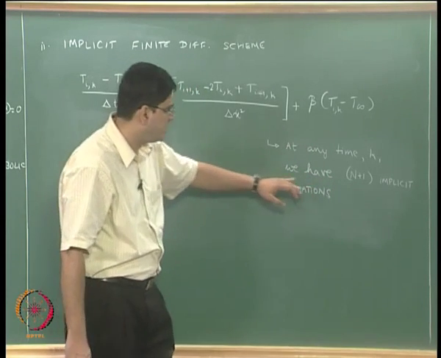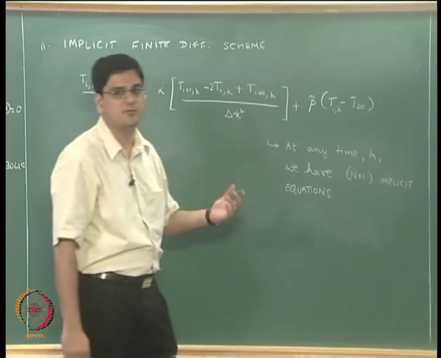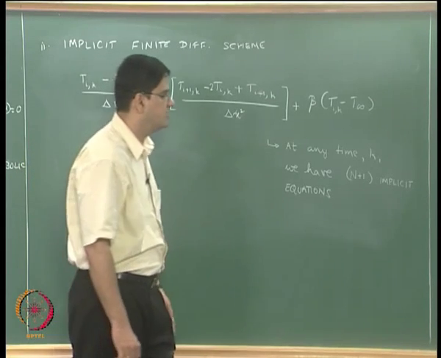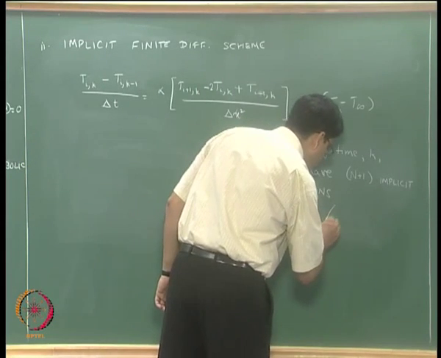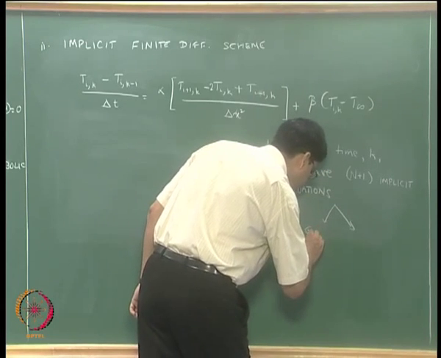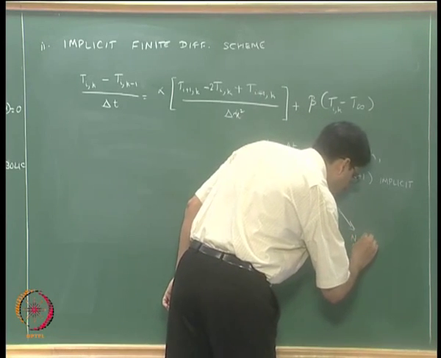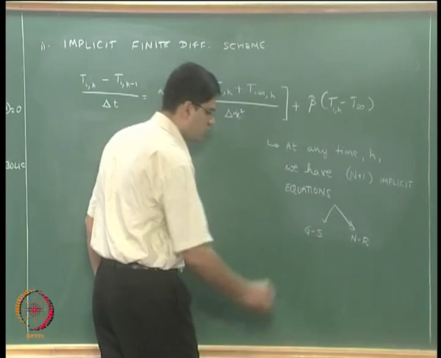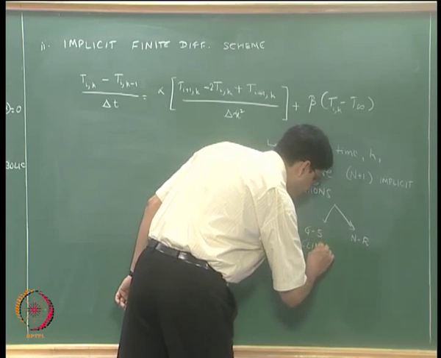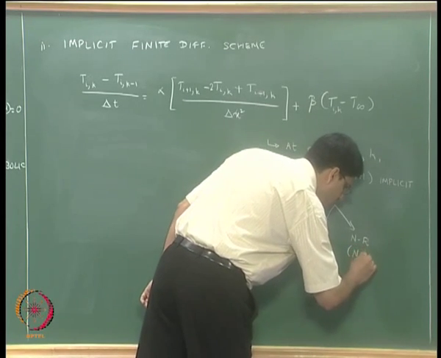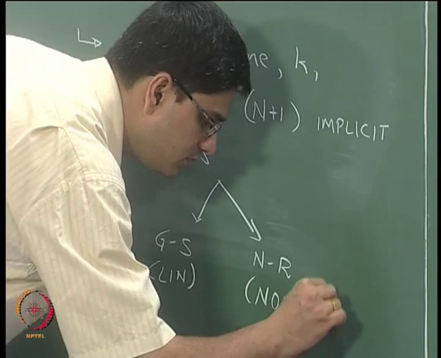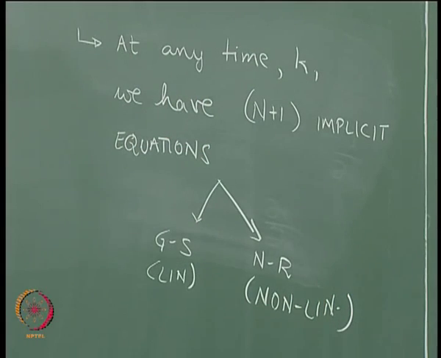So we will have n plus 1 implicit equations in n plus 1 unknowns, and they can be solved using either the Gauss-Seidel method or the Newton-Raphson method. This is for the linear case and this is for the non-linear case.